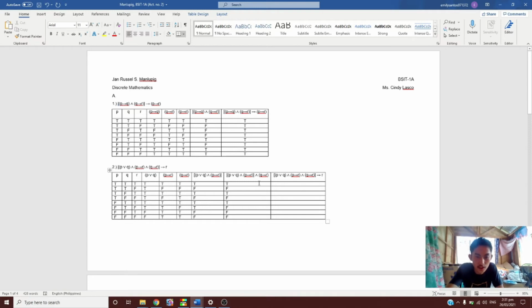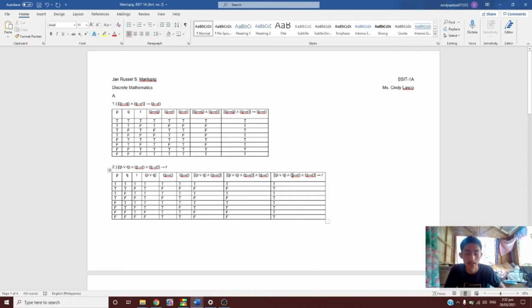Lastly is these three, this constant value will amplify to letter R. So amplifies to R. So T T T T T T, T T, F T F T, amplifies T, F T then T. So as you can see, this statement is a tautology.